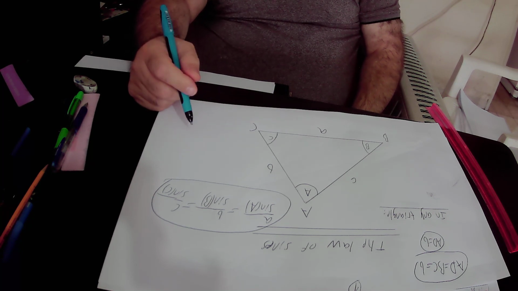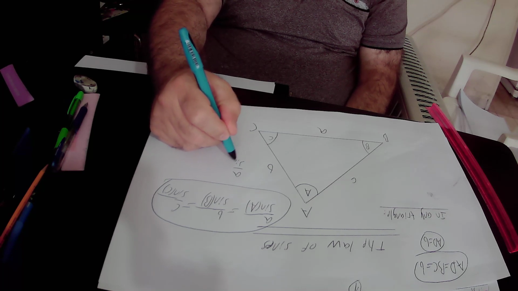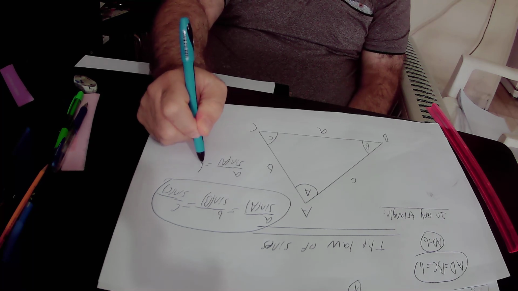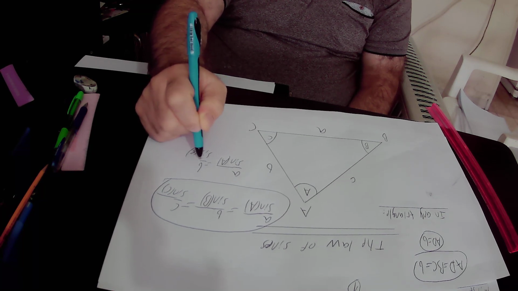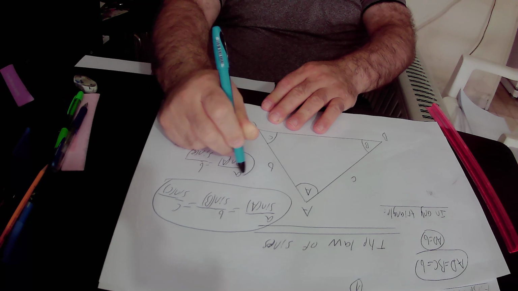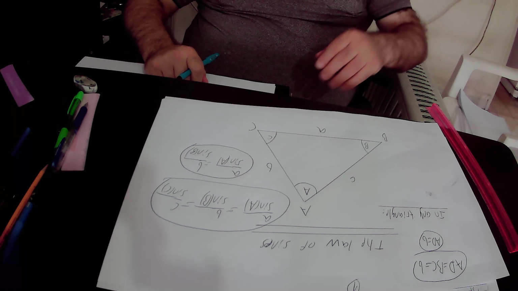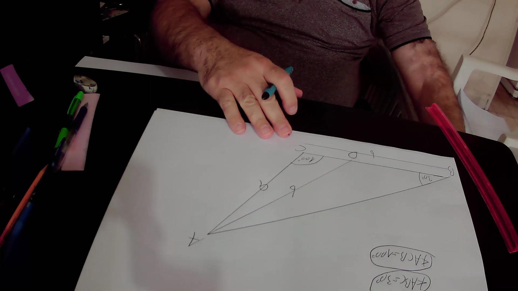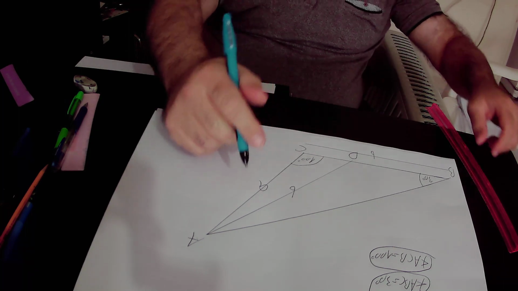So from this formula we will derive that A over sine A equals B over sine B. I will copy triangle ABC in a new page, and we will implement the law of sines in this triangle.